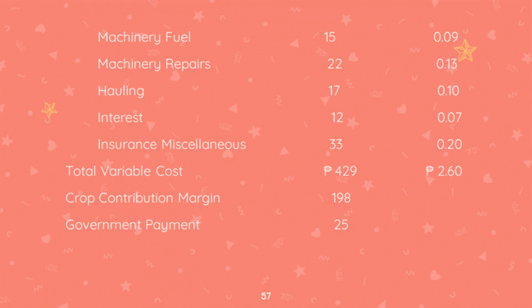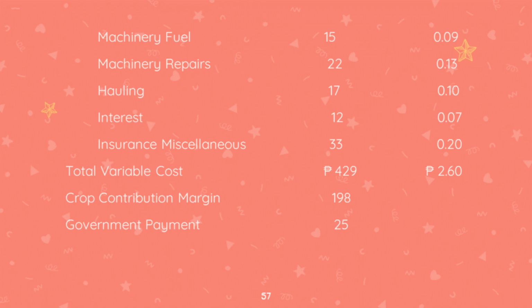Hauling 17, per bushel 0.10. Interest 12, per bushel 0.07. Insurance and miscellaneous 33, per bushel 0.20. The total variable cost per acre would be 429 pesos and per bushel 2.60 pesos.